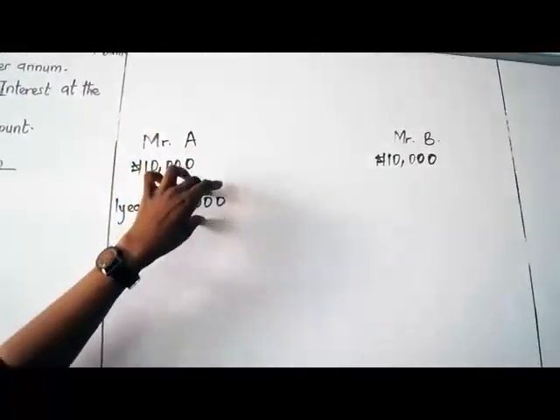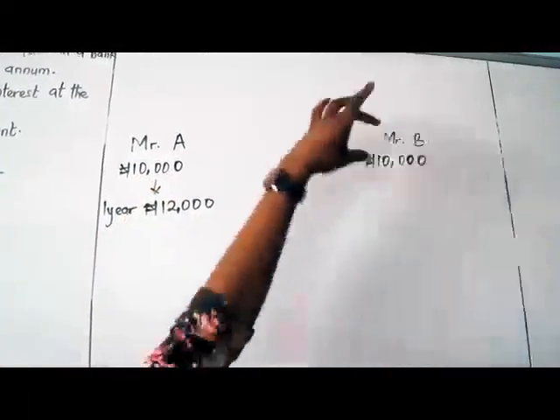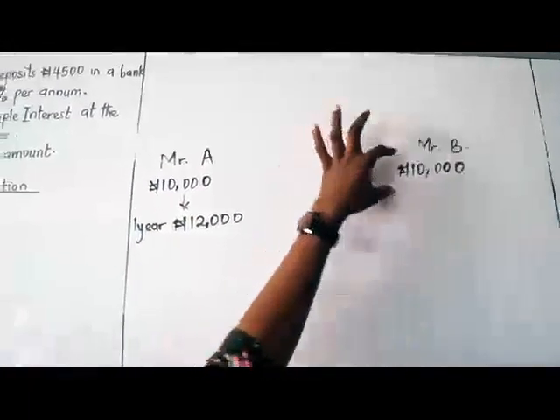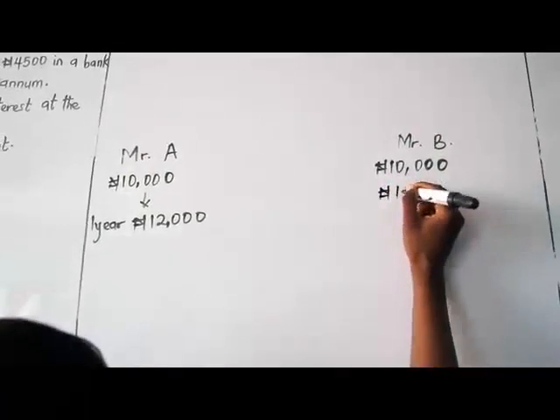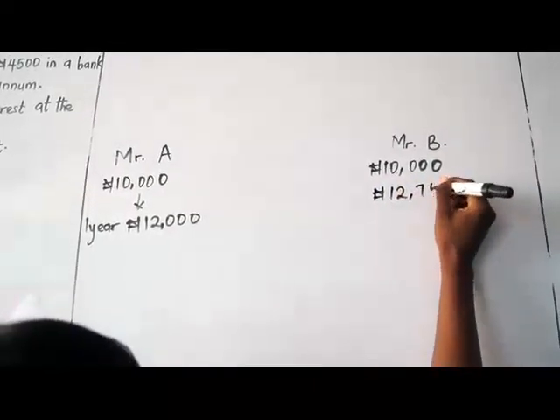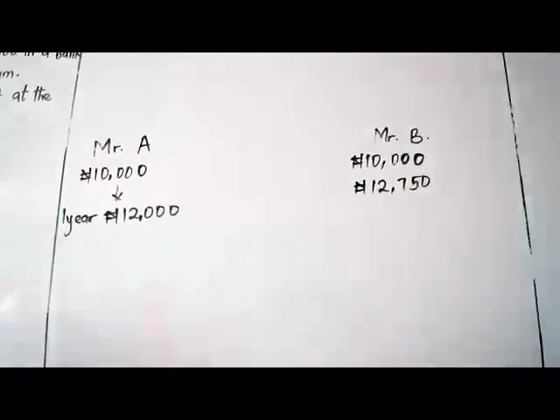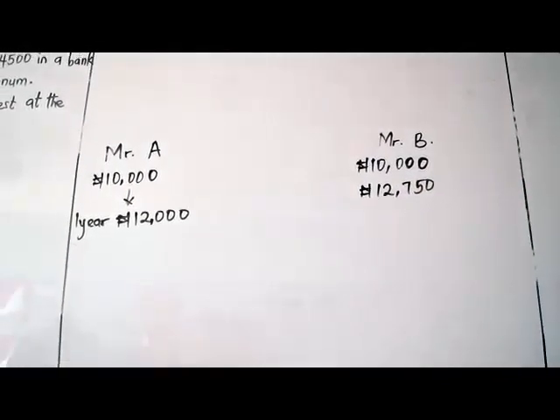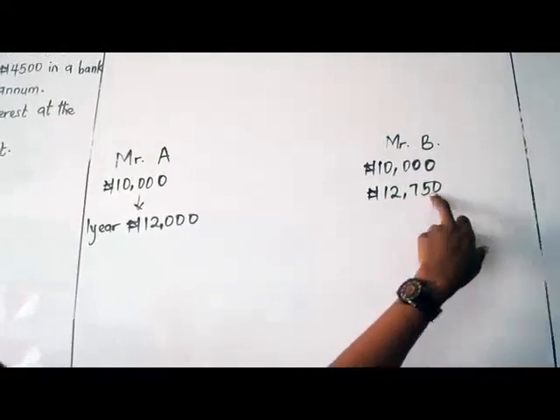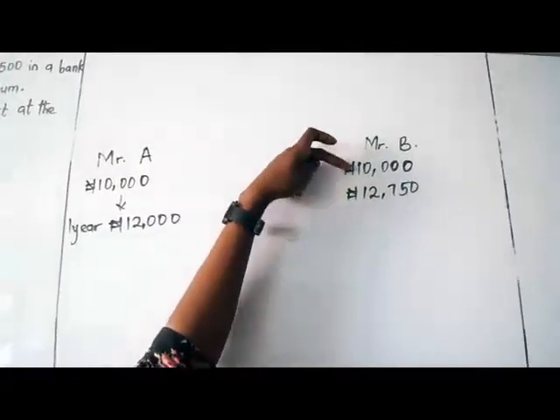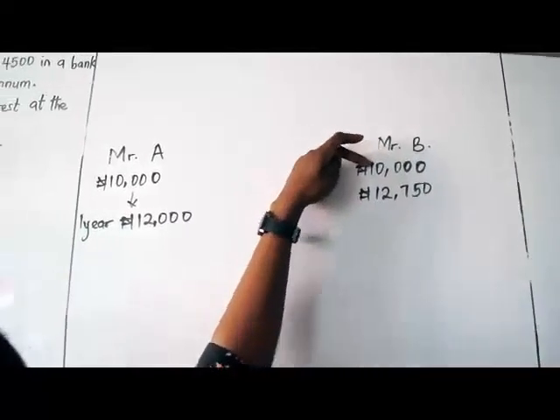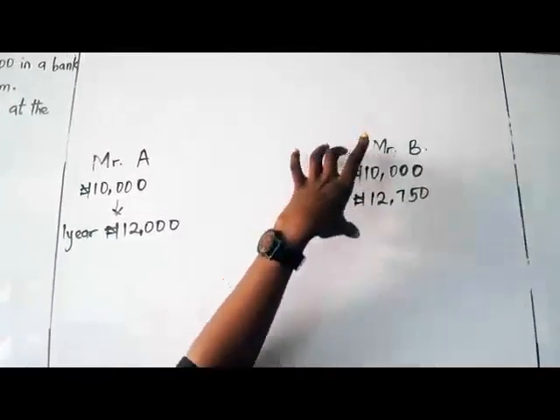The interest. Now, when Mr. B is repaying the 10,000 naira loan he borrowed, he was told he will pay back 12,750. This is just an assumption. Are we listening? The extra 2,750 naira Mr. B is paying back on the 10,000 naira is the interest.